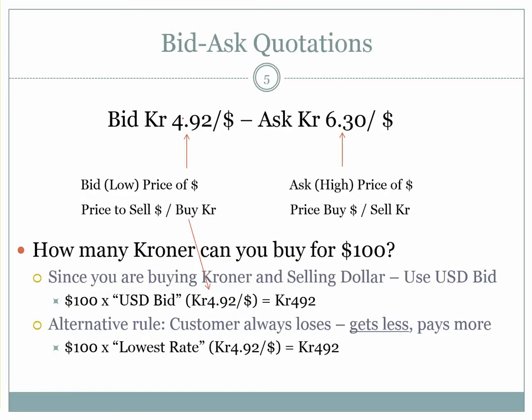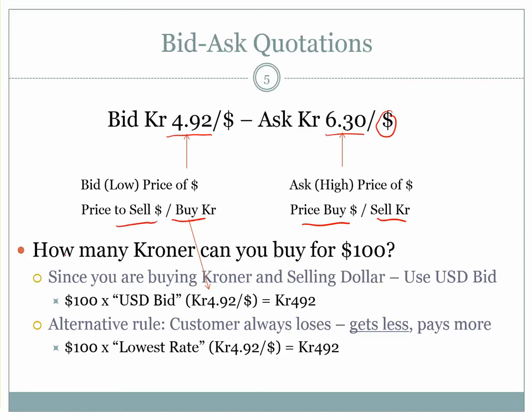So let's do some examples. Let's look more at this exchange rate. The bid-ask price on the crown, quoted in indirect terms against the dollar, 4.92 bid, 6.30 ask. Remember, this is the high price. This is where you buy the dollar, sell the crown. This is where you sell the dollar, buy the crown.